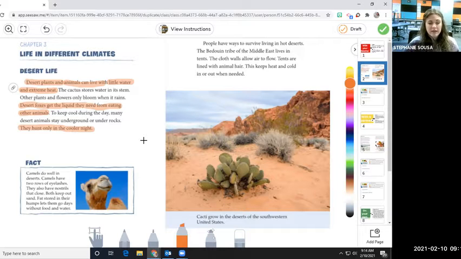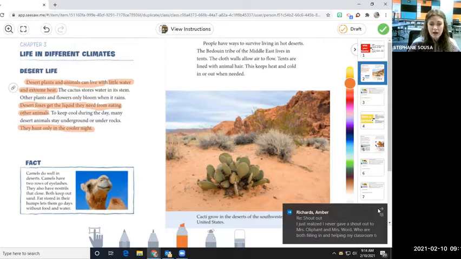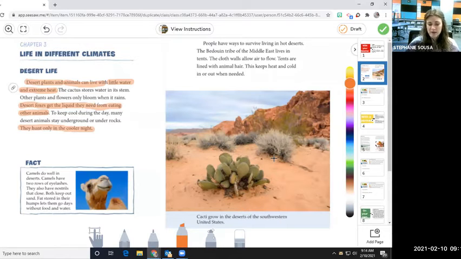So I am thinking that a desert animal probably would not survive inside of a temperate climate, because in a temperate climate, we don't always have extreme heat, and it's not necessarily cooler during the night, but also during the day. So all the animals that are sleeping at nighttime that they would be hunting wouldn't be available to them because they wouldn't be trying to survive in that desert climate.